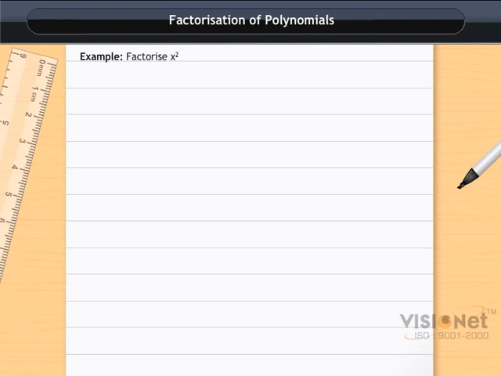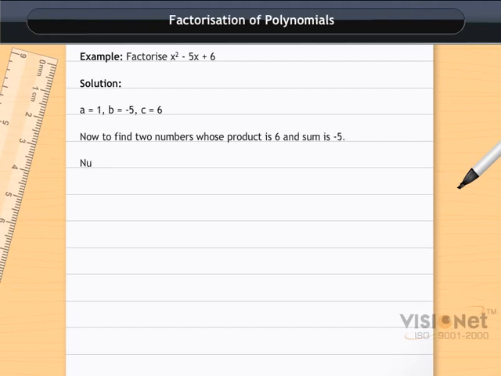Factorize x square minus 5x plus 6. Solution. a is equal to 1, b is equal to minus 5 and c is equal to 6. Now find two numbers whose product is 6 and sum is minus 5. These numbers are minus 3 and minus 2.